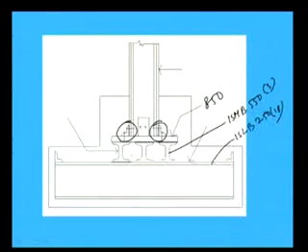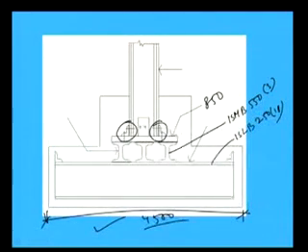In this way we can find out the details of the grillage foundation. This also we can find out from the calculation, I do not remember exactly, I think it is 4.5 meter, that means 500 millimeter. So this length also we know. In this way you can find out.